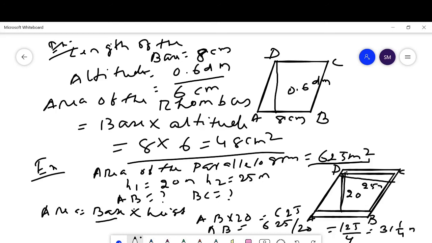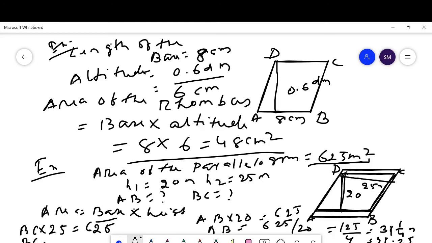This length is 31 whole 1/4, meaning 31.25 meter. And BC is equal to, if we consider BC into 25, is also equal to 625. As the area, you may take any base, you always get the same area equal to 625.